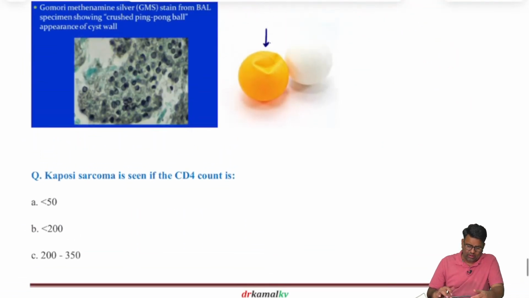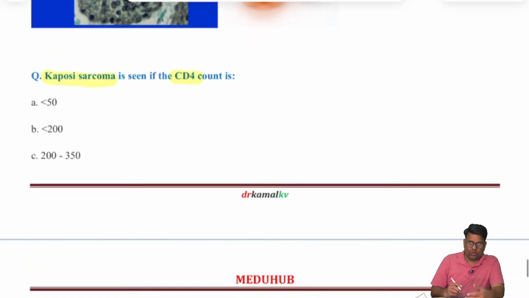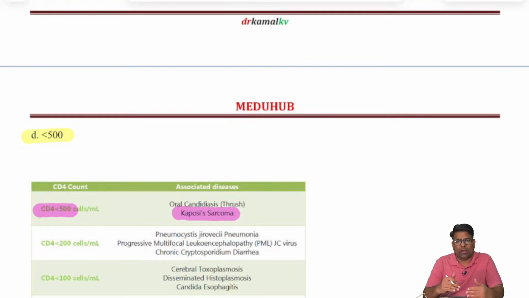Okay. Then another question was about occurrence of Kaposi sarcoma with respect to the CD4 count. So when will Kaposi sarcoma develop in a patient with HIV? Especially when the CD4 count falls below 500. If the CD4 count is below 500, an HIV infected patient will develop Kaposi sarcoma and also oral candidiasis, which is known as thrush.